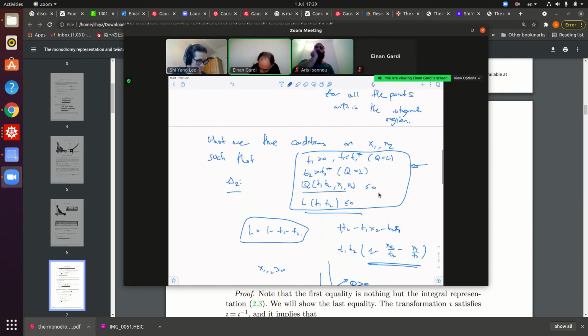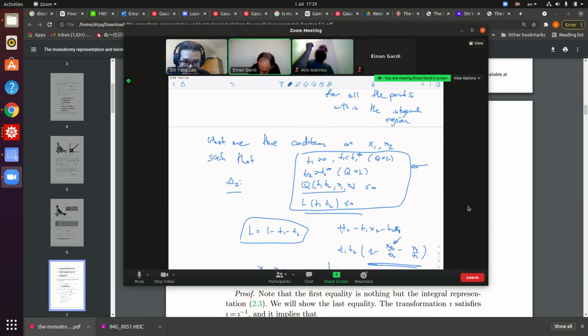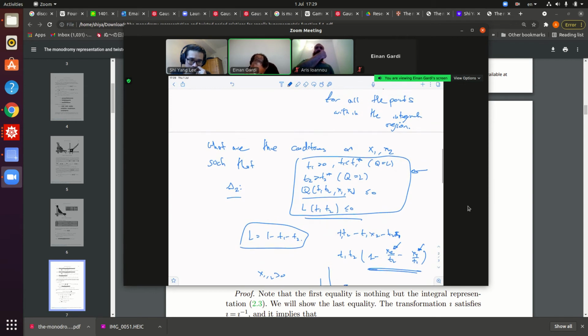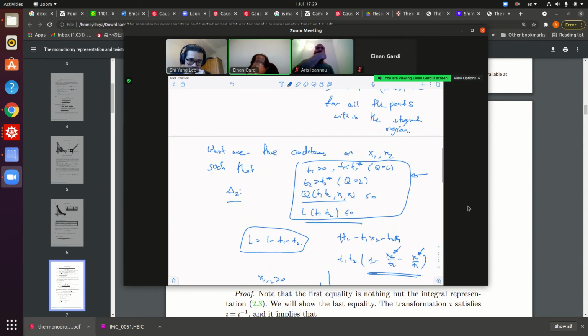Because if I start modifying the x's here, what are the conditions on x1 and x2 such that, well, really, you need to determine T1 star and T2 star to do this.